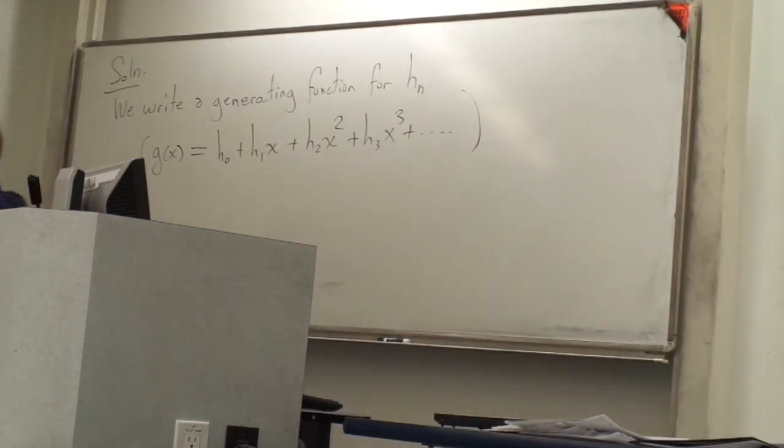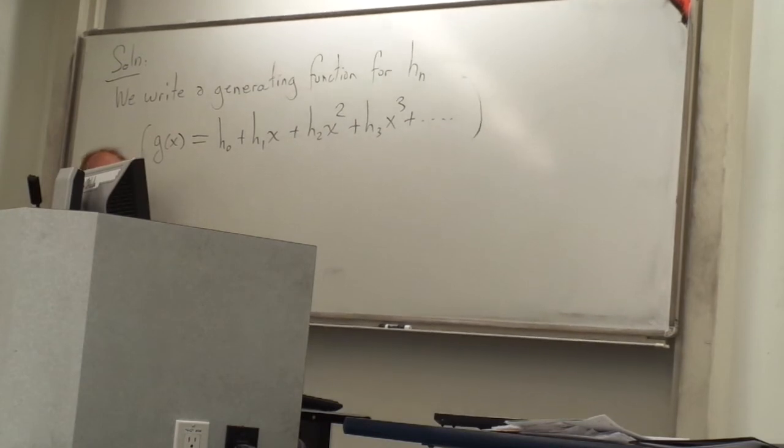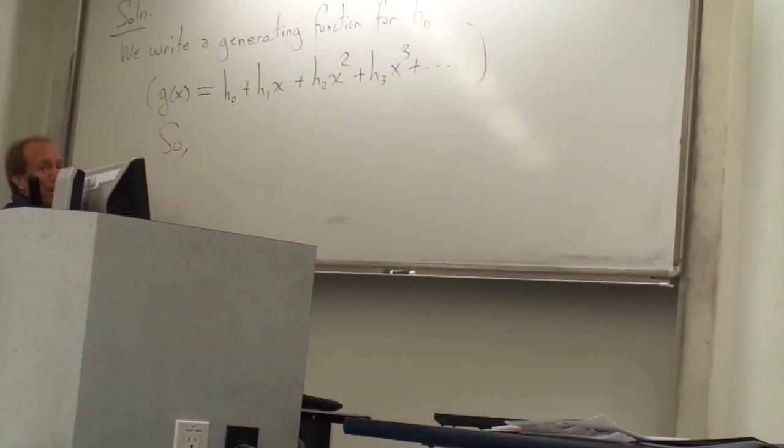The coefficients in front of these powers of x are exactly the numbers of ways of selecting the number of flags we're talking about. So how do we do it for this particular set of conditions? Peter, do you know? Let's hear it. What did you come up with?